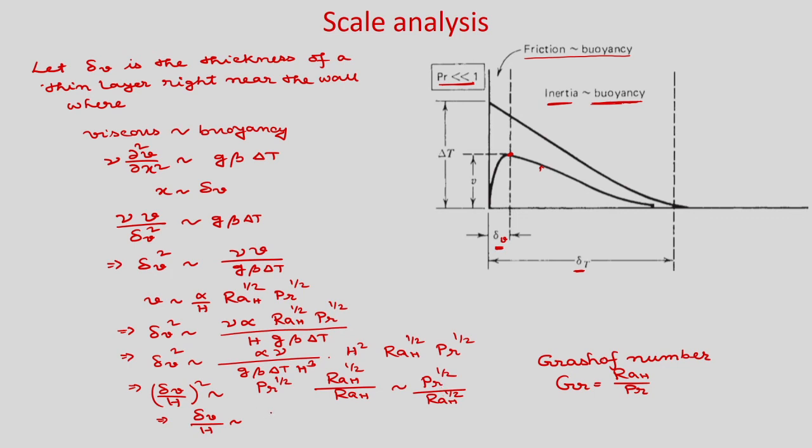So, you can write Grashof number to the power minus 1 by 4. Okay. And from here now we have delta V by h as Grashof number to the power minus 1 by 4, and also we have delta T by h as Rayleigh number to the power minus 1 by 4, Prandtl number to the power minus 1 by 4.